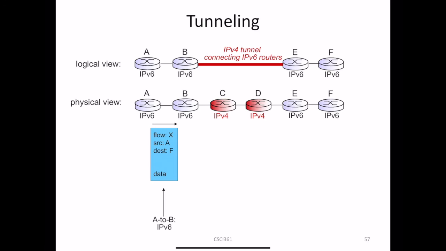So when an IPv6 datagram is transferred between the IPv6 routers from A to B, there's no problem.